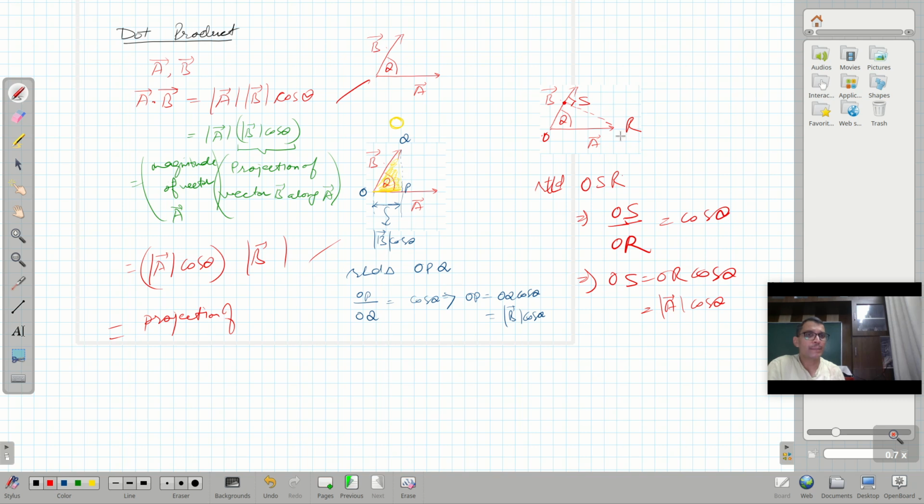If I put a source of light here like this, then it casts a shadow.